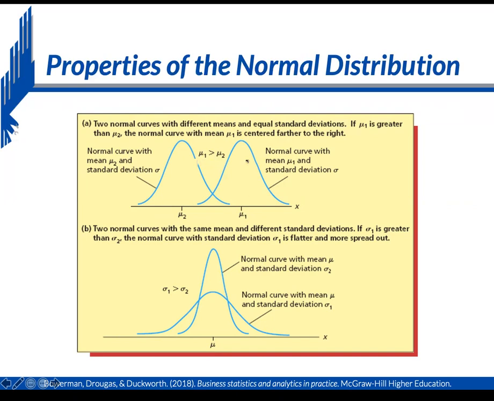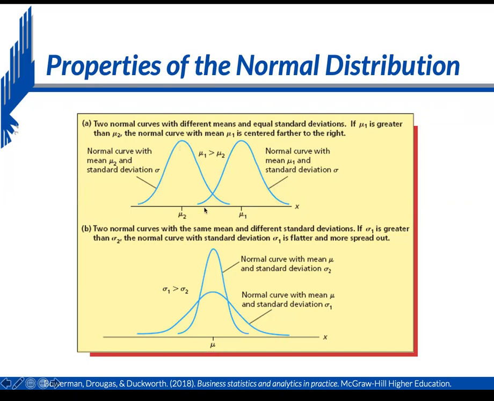So remember, the mean is the one at the center, and since this curve is at the right compared to this one, this indicates that this mean is bigger compared to this mean. So this data set of normal random variables has a bigger average compared to the other one.